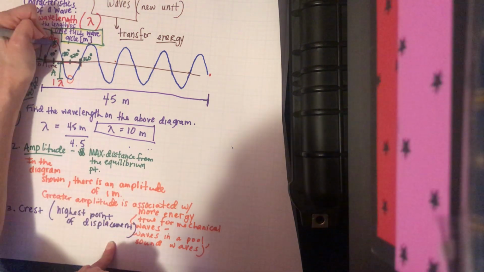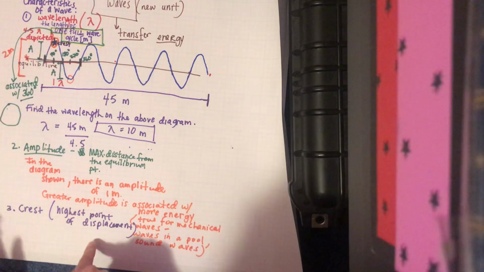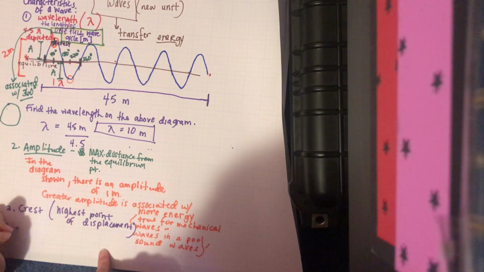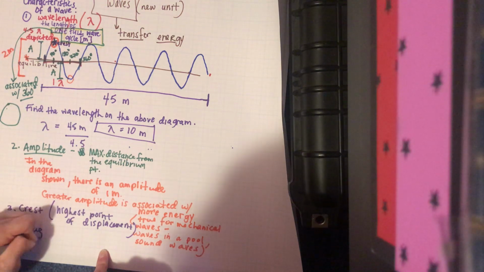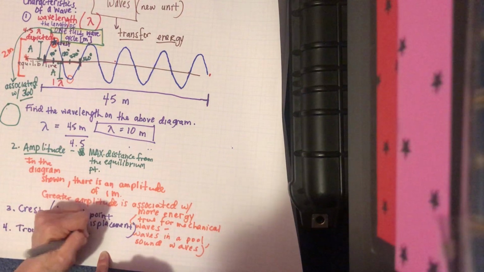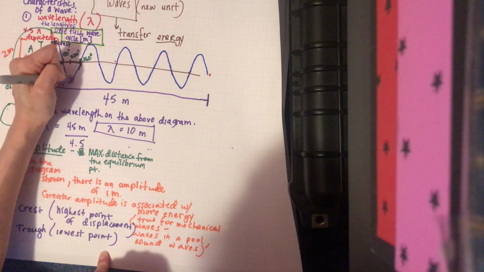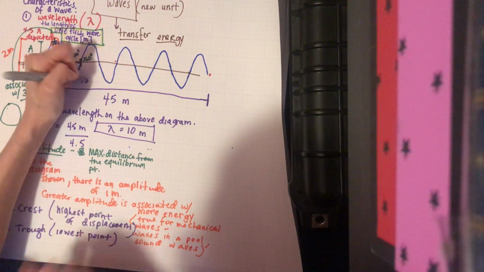That's just a name for this position right here, so that is our crest. And the fourth characteristic is a trough. That is our lowest point, and that would be right down here. This is a trough.